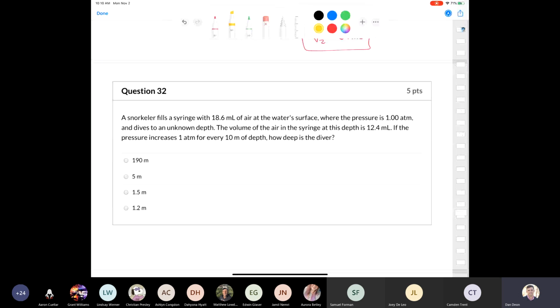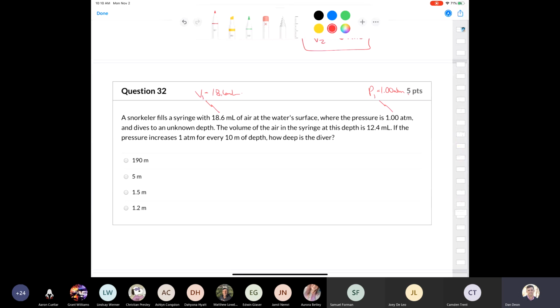A snorkeler fills a syringe with 18.6 milliliters of air at the water's surface, where the pressure is 1.00 atmospheres, and dives to an unknown depth.